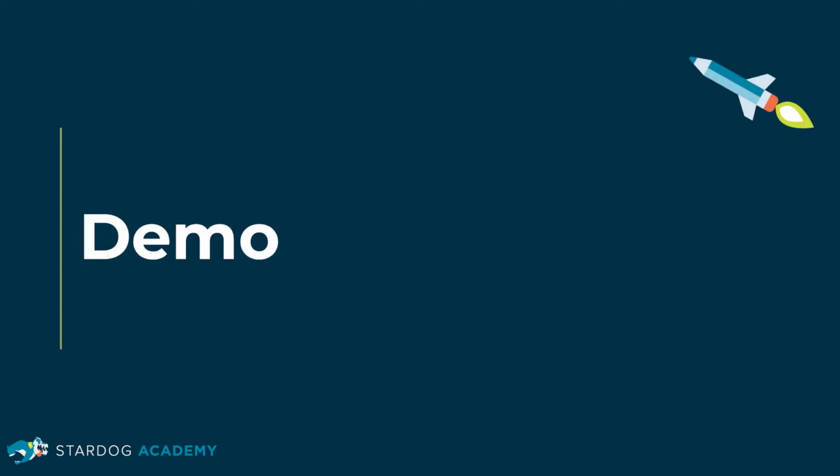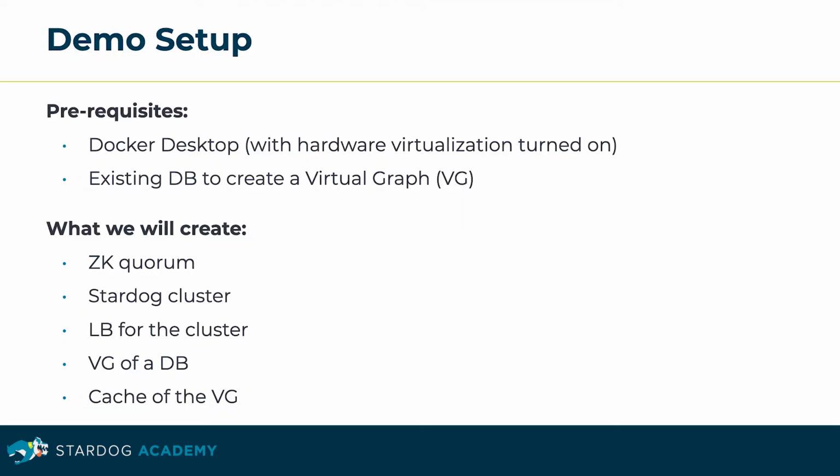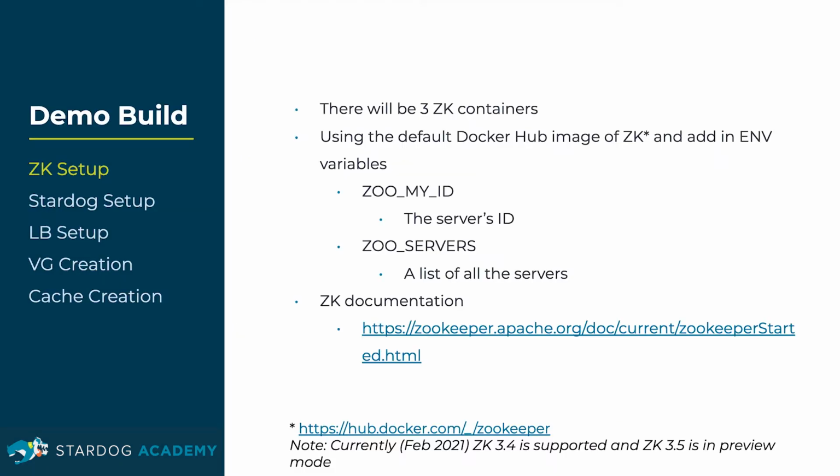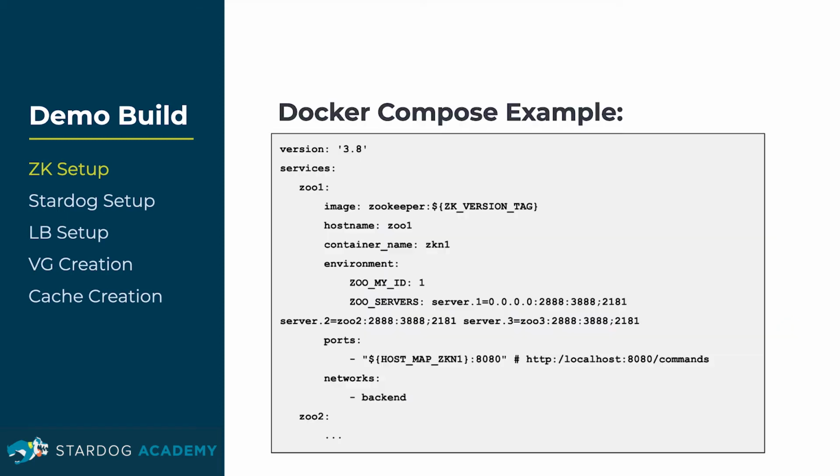This begins the section on the demo. For our demo, we're going to use Docker to run a Stardog cluster. Within our cluster will be 3 Zookeeper containers. Here is an example of the Docker Compose file, or section of the Docker Compose file, we will use that defines one of the 3 Zookeeper nodes.